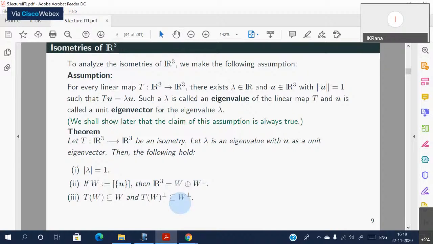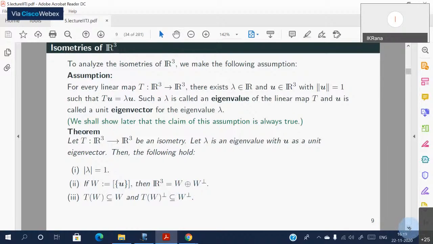Once that is proved, one can restrict T to W. It is a one-dimensional isometry that we know what it looks like, and two-dimensional isometries we also know. So we can decompose T into two parts: what it looks like on W, on elements of the type alpha times u, and what it looks like on W perpendicular.